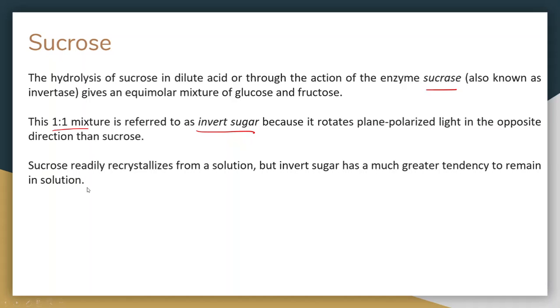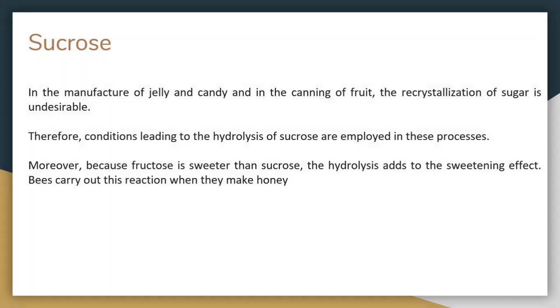Sucrose readily recrystallizes from solution, but invert sugar has greater tendency to remain in solution. That is why it is more applicable in the industries, because it does not recrystallize and it will remain in solution form. So we prefer invert sugar for commercial products.